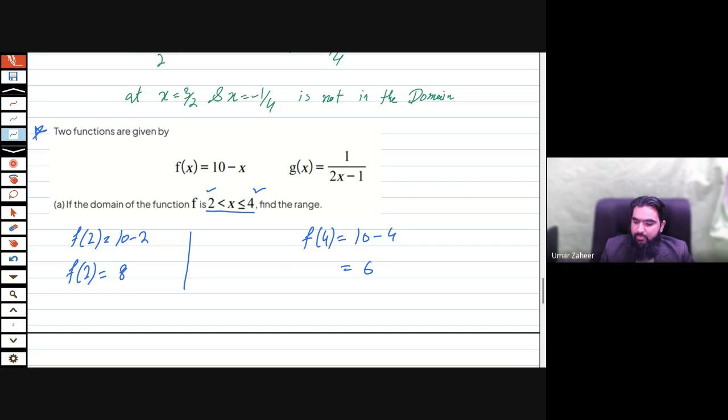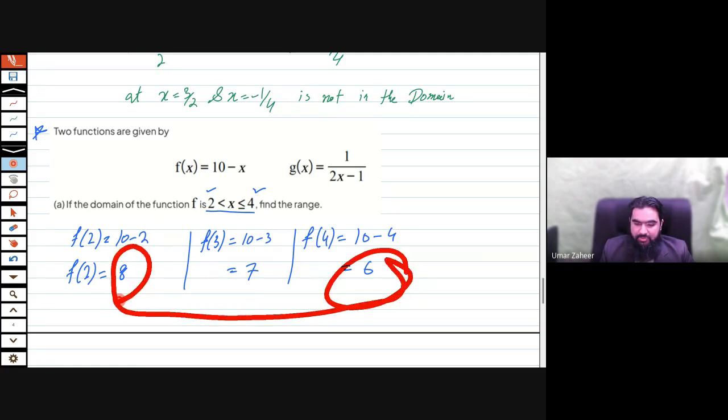If you want to check more values, you can check f of 3 as well: 10 minus 3 is 7. You can substitute 2.5, 2.3, 2.7, 3.7, 3.8. But mostly we substitute the lowest value, where it starts, and where it ends. So you will get the range of the function.